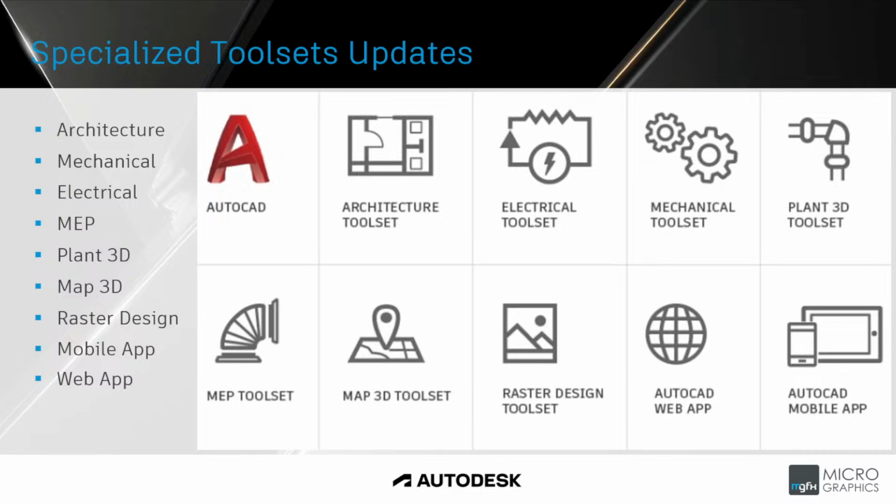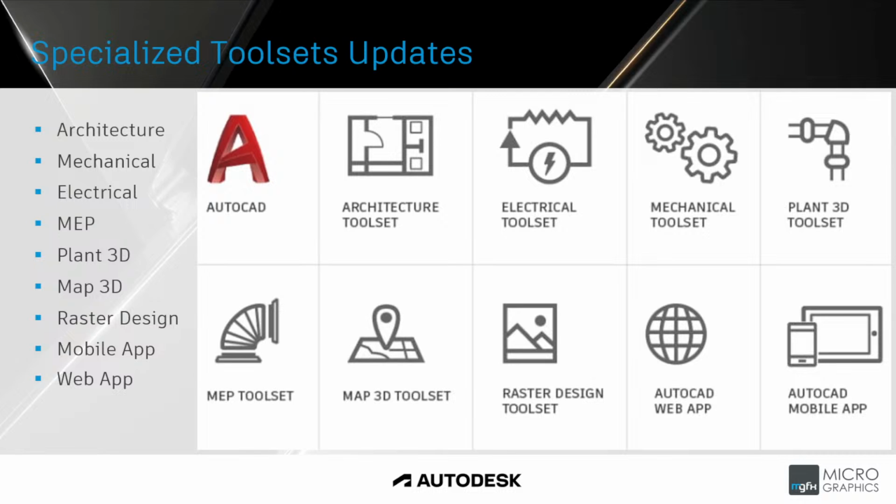Plant 3D toolset uses the specialized plant design and engineering toolset to efficiently produce P&IDs and then integrate them into a 3D plant design model. Map 3D toolset uses specialized mapping features to incorporate GIS and CAD data to support planning, design, and data management.